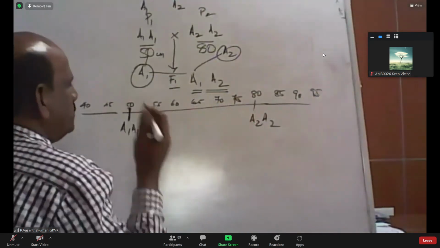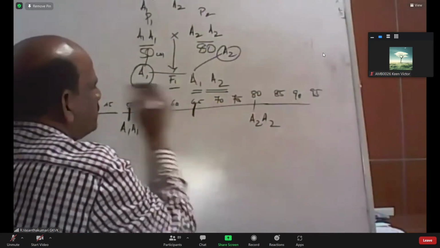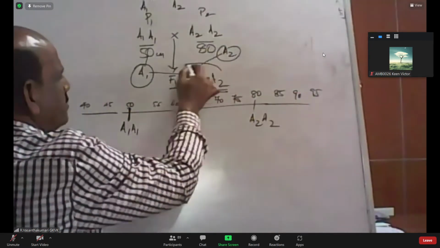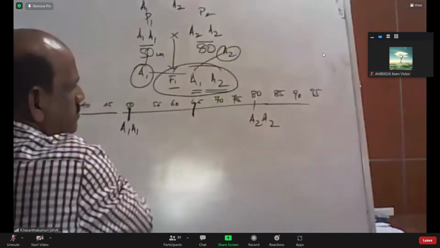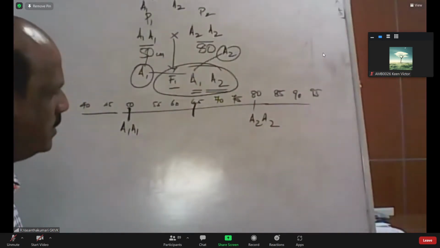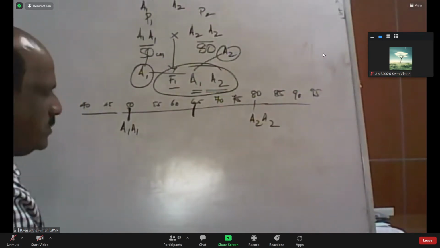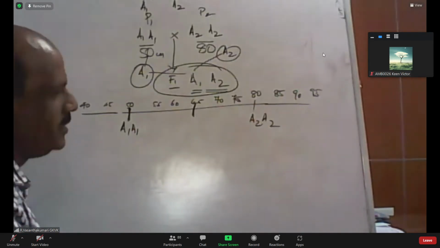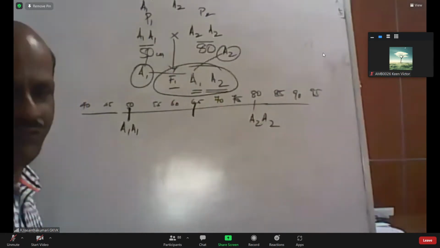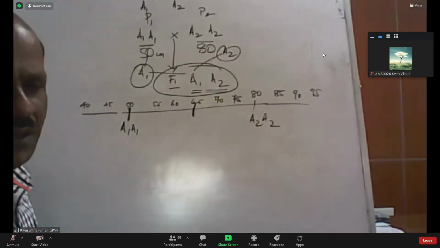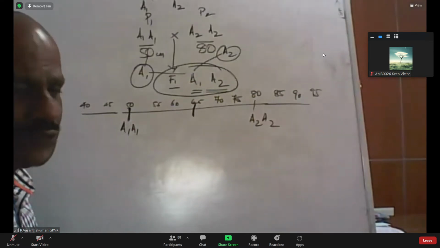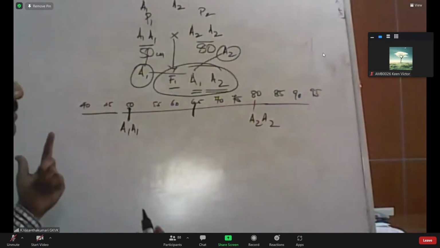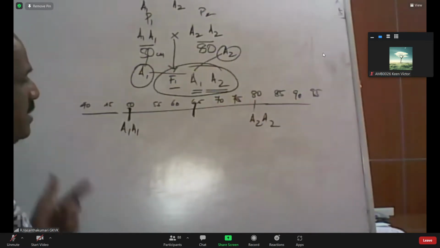Now let us suppose that the mean phenotypic expression of the F1 heterozygote A1 A2 is equal to the average of the mean phenotypic expression of the two extreme parents. What are the two extreme parents? A1 is one parent, A2 is another parent.